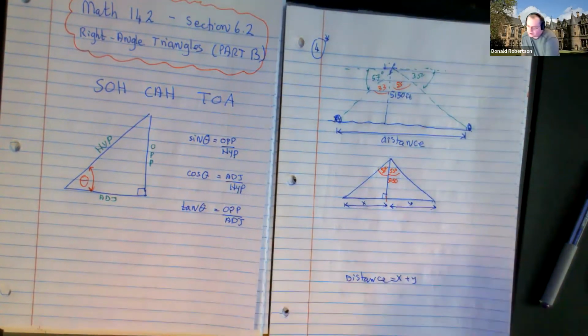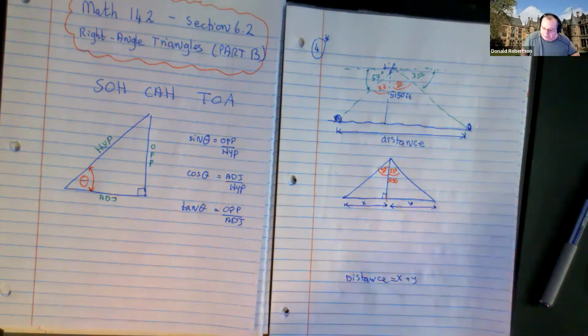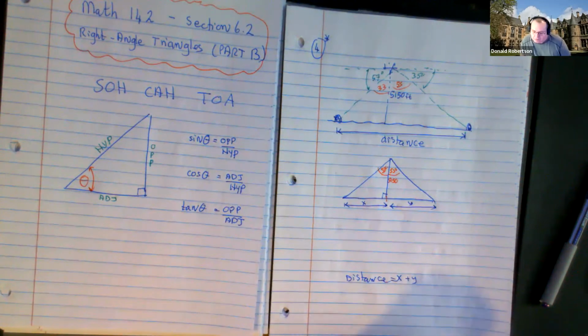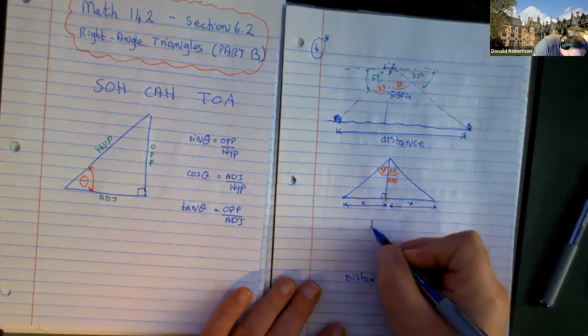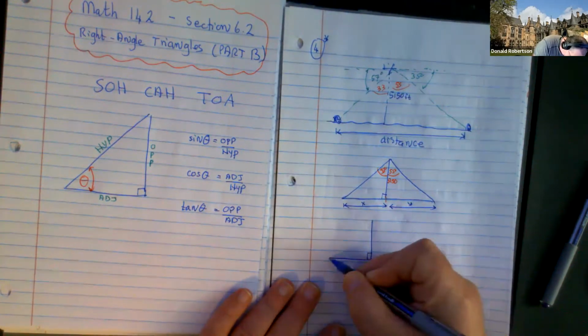Does that make sense? You can't do it in one go, but you can find out what it's made up from. In this case, two pieces called X and Y, or A and B. And I've now created essentially most of what I need. I don't particularly need to do this, but some people find it helpful.